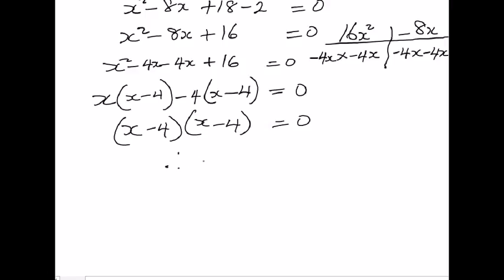Therefore, if you open the bracket, we have x minus 4 equals 0. Therefore, x will be equals to 4. That is minus 4 here, when it crosses the equal to sign, we change to plus 4. So again, we have x minus 4 equals 0.